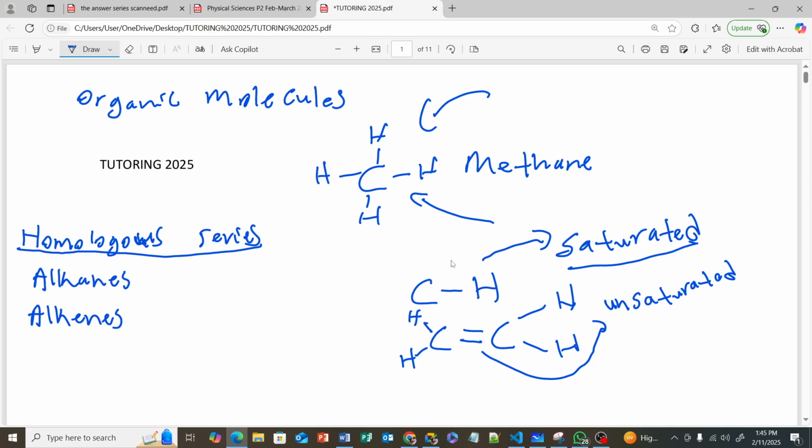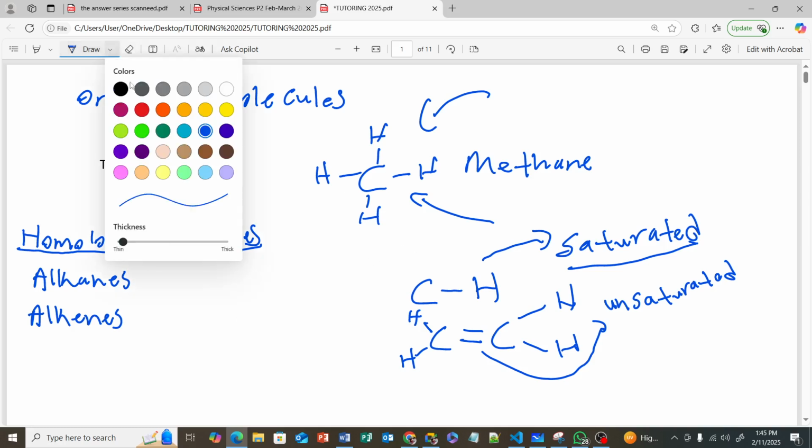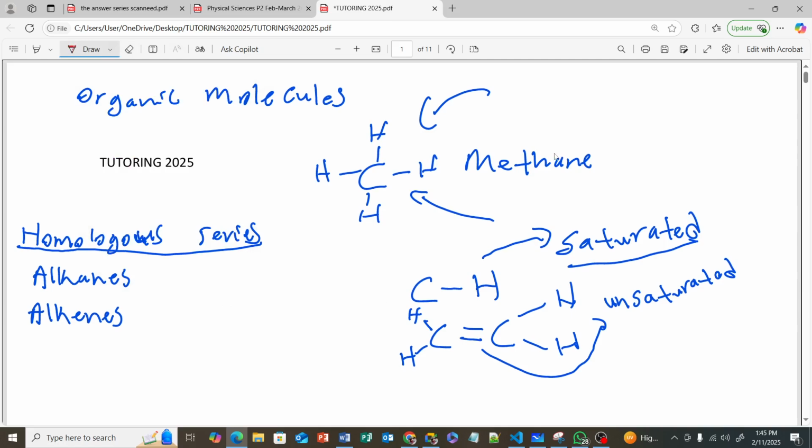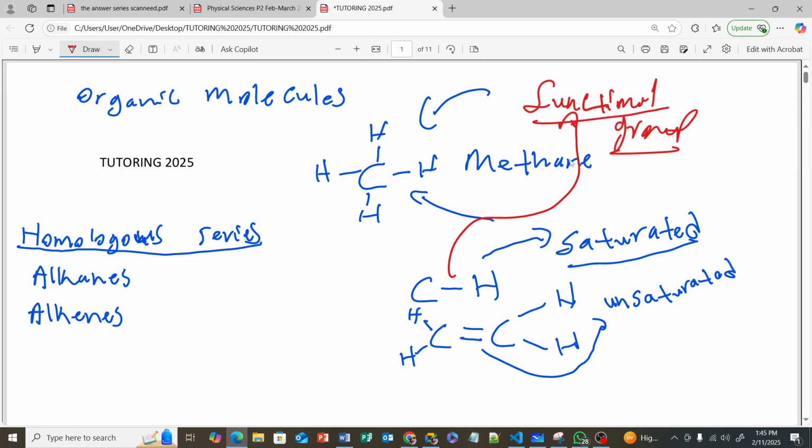All right, now the group of atoms that you see here, we will call them a functional group. So functional groups are the groups of atoms that determine a specific behavior of a molecule.